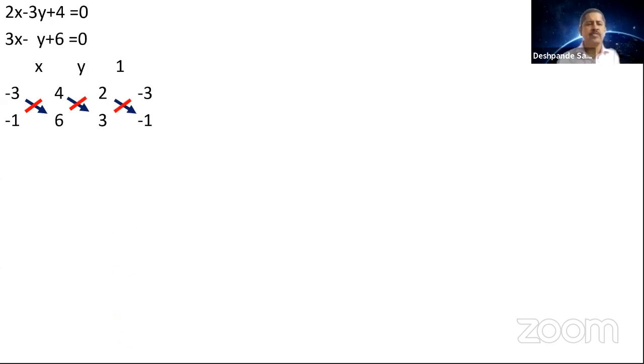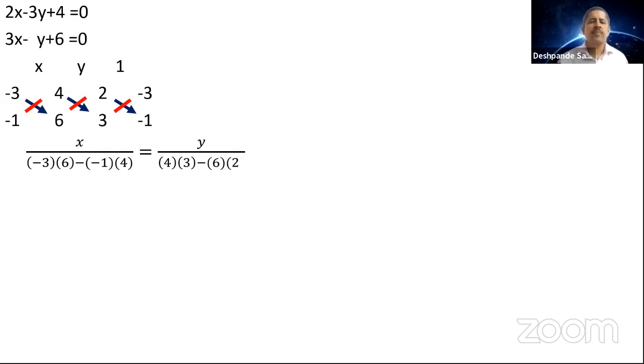So we can write x by (-3 into 6 minus -1 into 4) is equal to y divided by (4 into 3 minus -6 into 2) is equal to 1 divided by (2 into -1 minus -3 into 3).